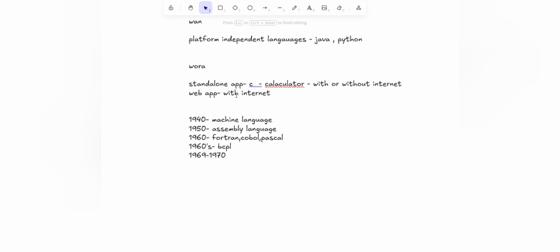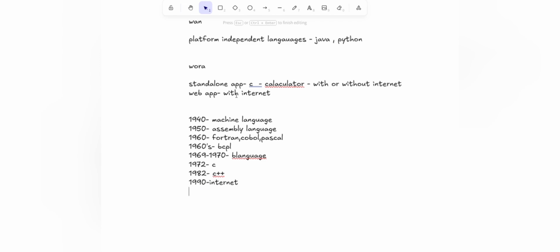Around 1970, there came the B language. Before C language, there came B language. And then in 1972, as I told you, C language was invented. Next, in 1982, C++ came into the scenario. Then in 1990, the internet was introduced.